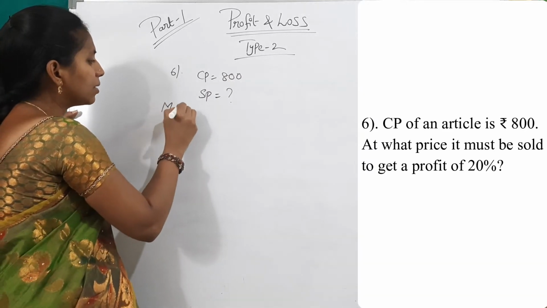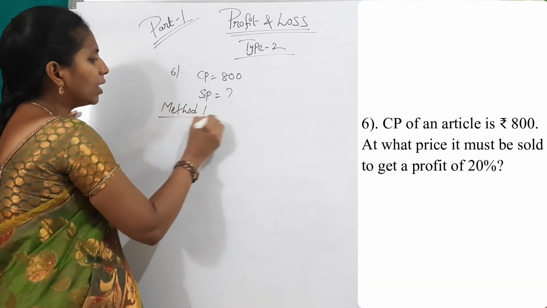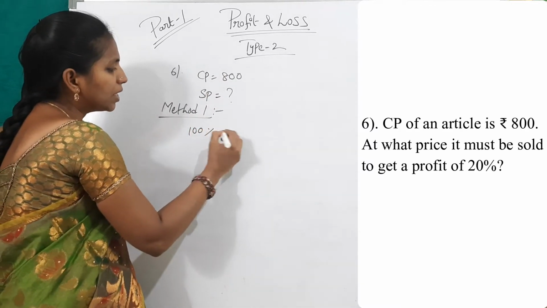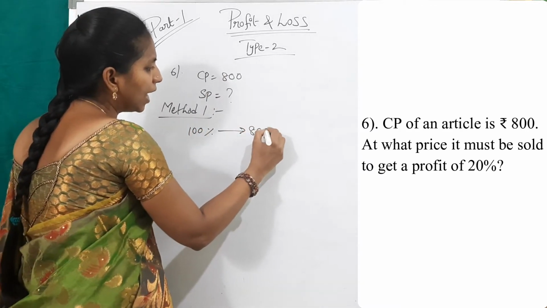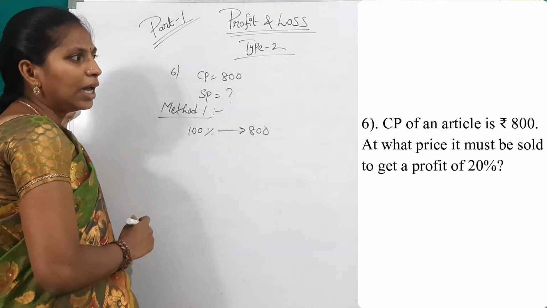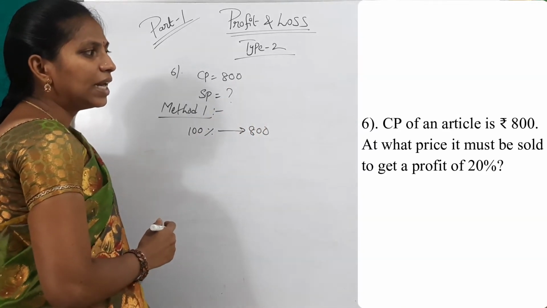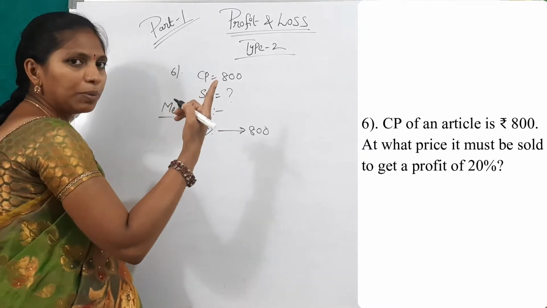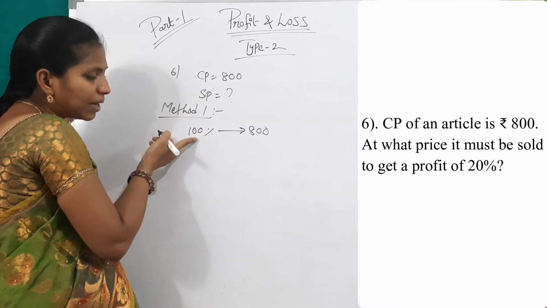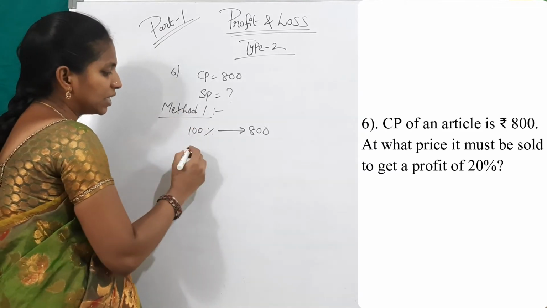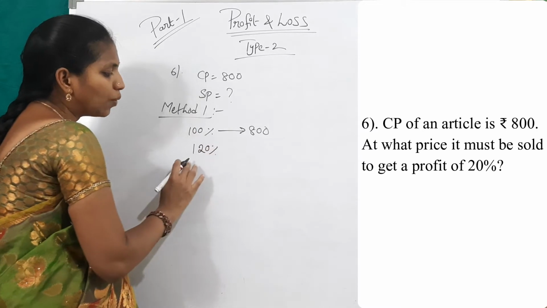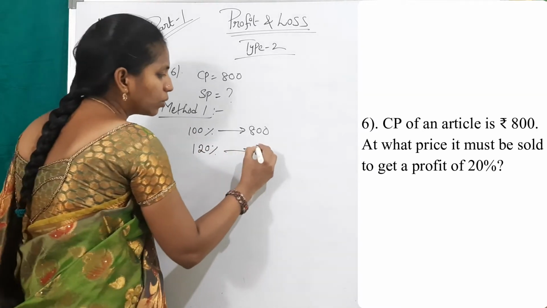Method 1 is take CP equal to 100%. 100% equal to how much? 800. Now here find out the selling price to get a profit of 20%. Profit means add that 20% to this 100%. That will be the selling price percentage. So 120% equal to how much?